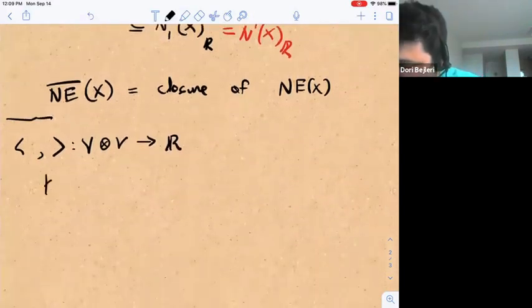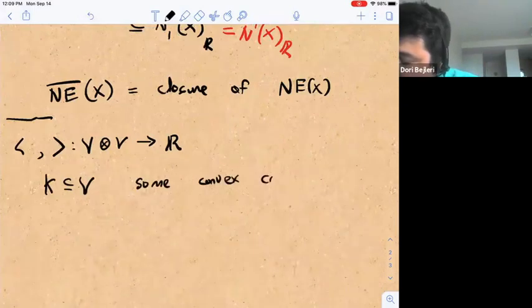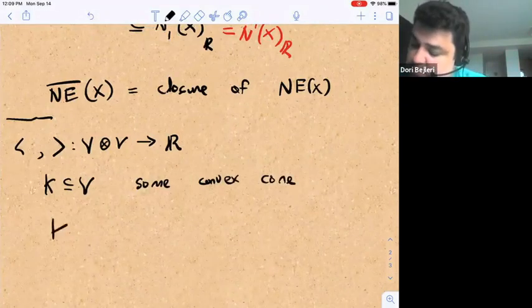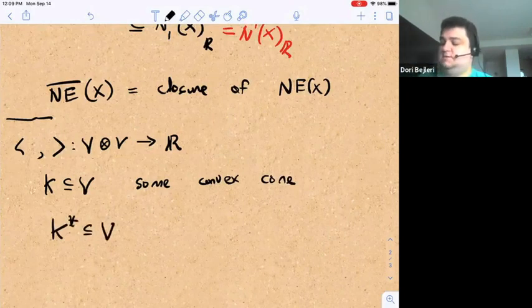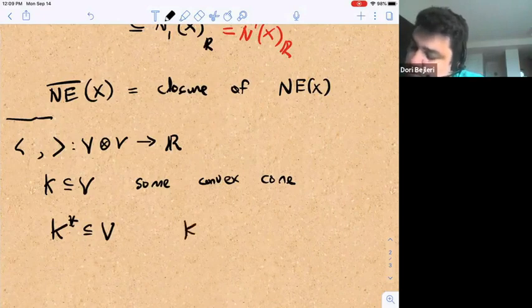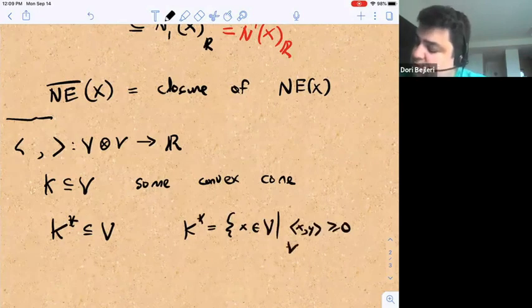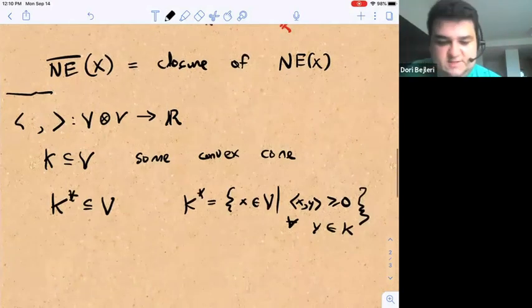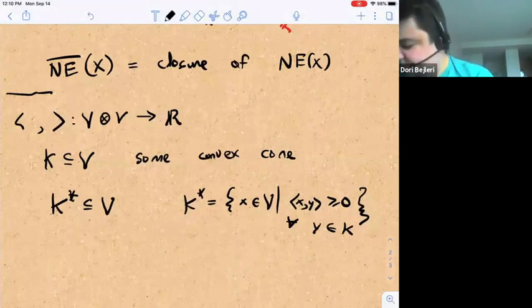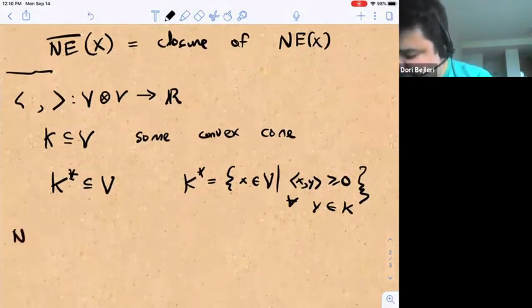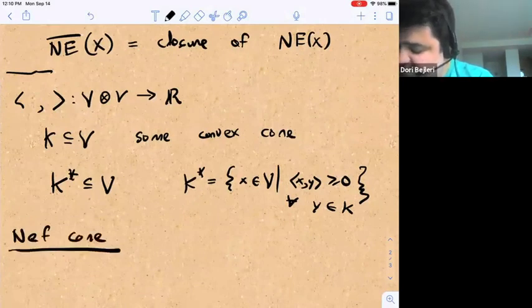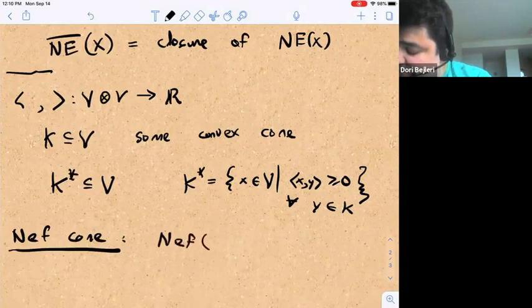and suppose that K inside of V is some convex cone, we can define its dual, which will also be some cone inside of V by the formula that this K^* is the set of x in V whose pairing with y is always non-negative for all y in K. Okay, so that's the definition of the dual cone, and then our first fact, which is basically a reinterpretation of the definition of being nef, is that the cone of nef divisors is exactly the dual cone of NE-bar(X).